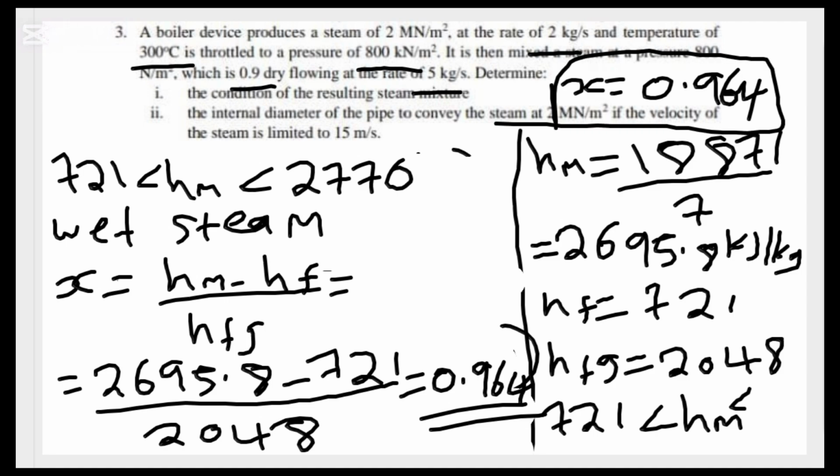Because the question asks, determine the condition of the resulting steam mixture. So this is the end of this question. And therefore, the mixture is wet steam, as I explained before. So let's move to part two.